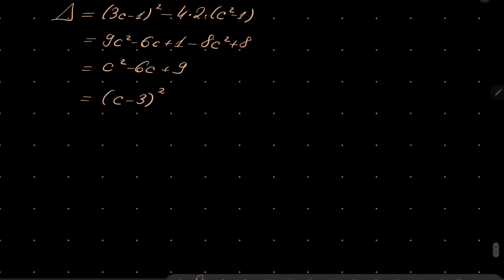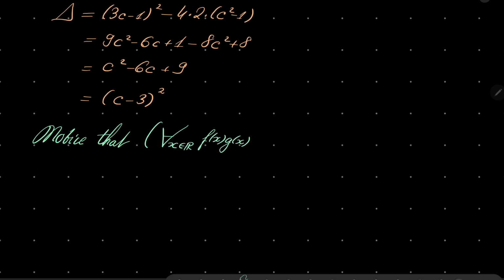And notice that for every real number x, f(x)g(x) ≥ x + 1 is equivalent to saying that our quadratic discriminant is less than or equal to 0. Well, notice that it is greater than or equal to 0, because it's a square. So that holds if and only if c = 3.